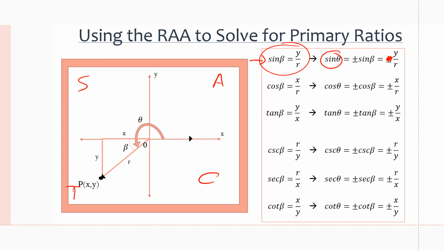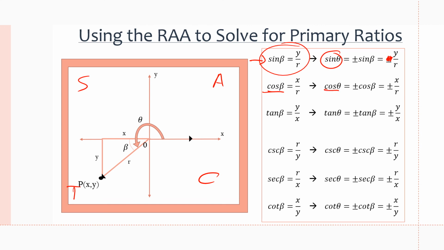With cosine, it's pretty much the same thing. We can find cosine beta, and remember, it's adjacent over hypotenuse, so x over r, again keeping everything positive, because then we can find the sign through our CAST rule. We are in the T quadrant, so cosine of theta will be negative cosine of beta, as cosine is negative in this quadrant.